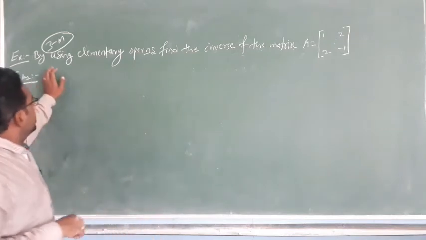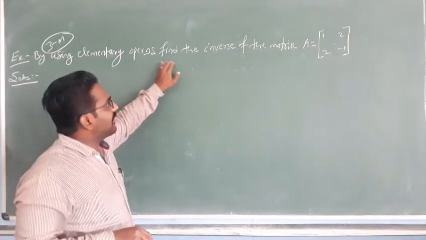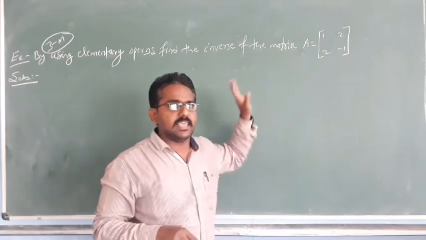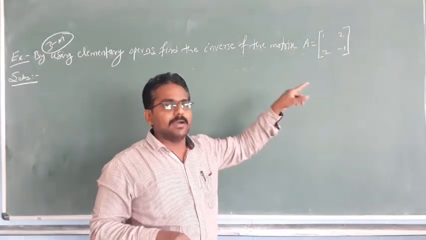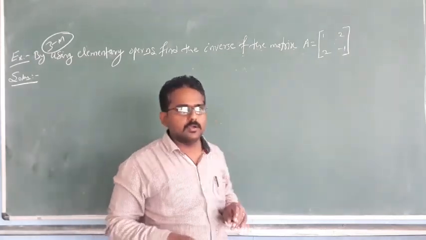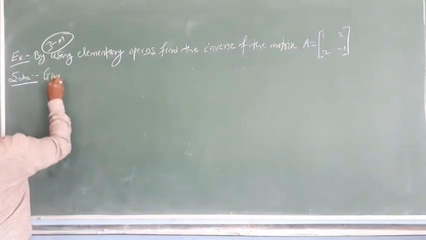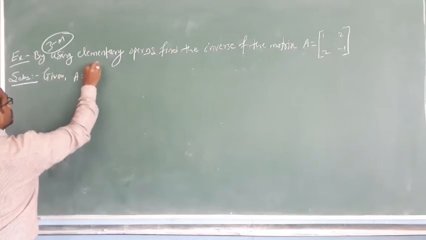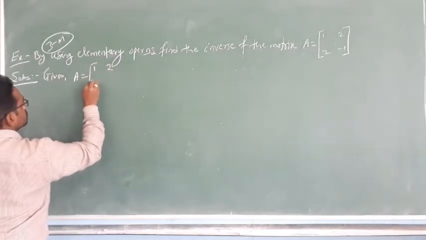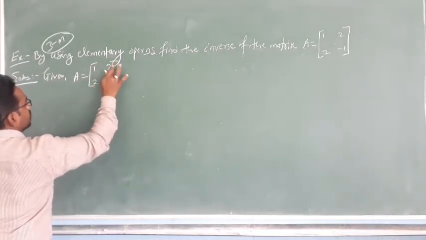Okay. So by using elementary operations, find the inverse of the matrix A, 1 2 2 minus 1. Let us first write the given value. Given A equals 1 2 2 minus 1.